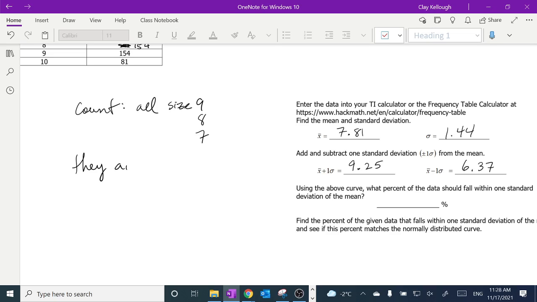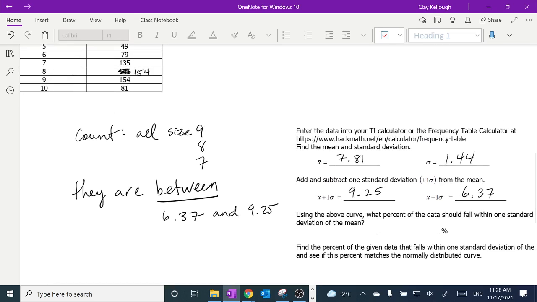They are between 6.37 and 9.25. So I'm kicking out all of the size 6s because they're not technically between those two numbers. So how many numbers is that? Well, let's see. 9, what was 9? 9 was 154. 8 was also 154.